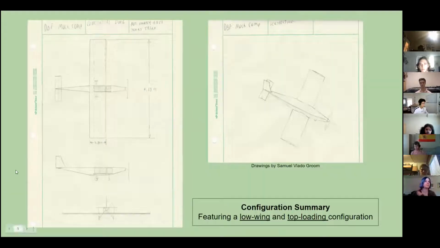So this is the overall configuration of our aircraft. We went with the low wing with no dihedral for ease of construction, and also no taper for ease of construction.